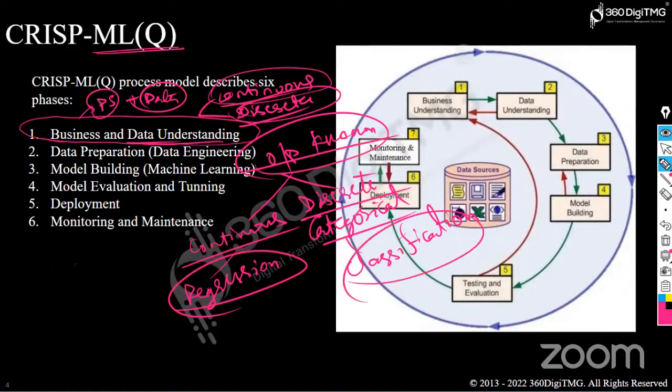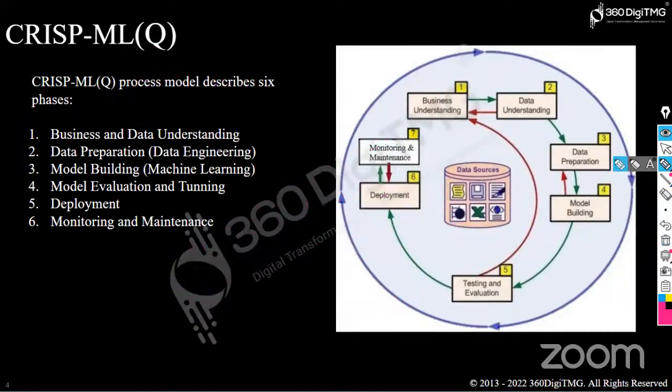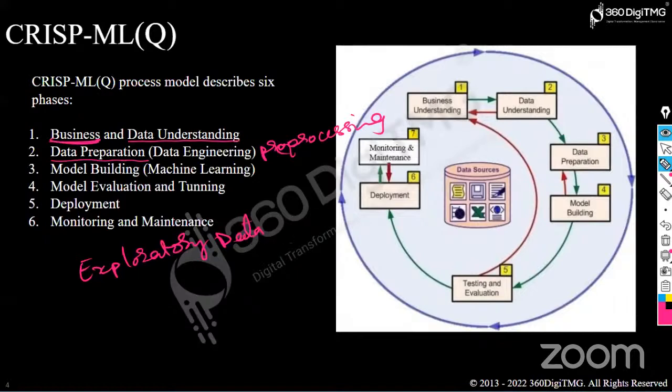When you are predicting or estimating, you can also use the clustering method. So based on the data you have and your understanding of the business, you start working. As soon as you understand the data, you need to perform pre-processing. So data pre-processing involves exploratory data analysis.